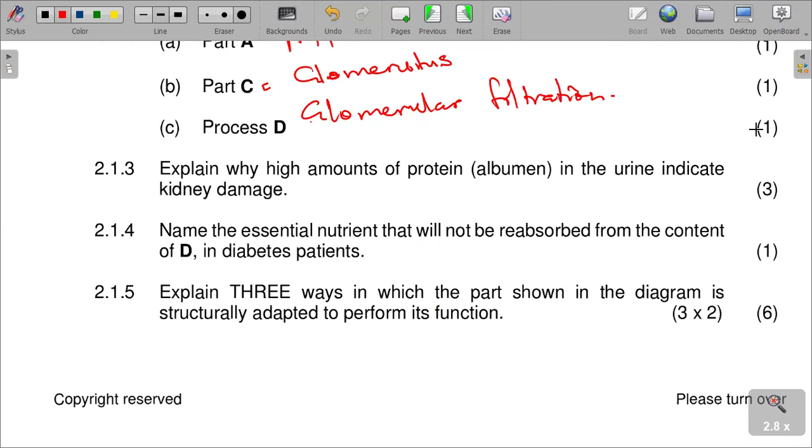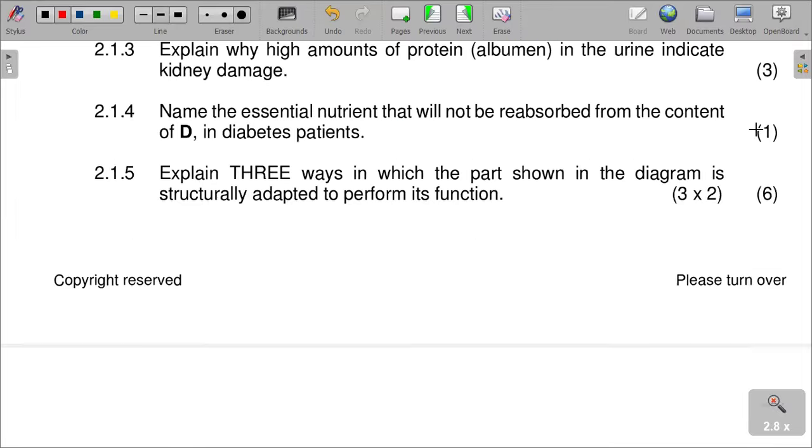Explain why a high amount of protein in the urine indicates kidney damage. One thing that we need to understand is that protein molecules are large molecules.